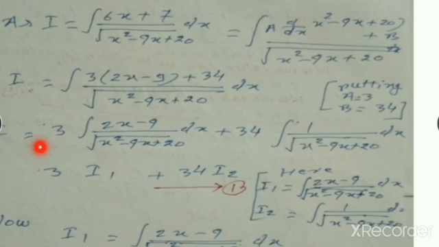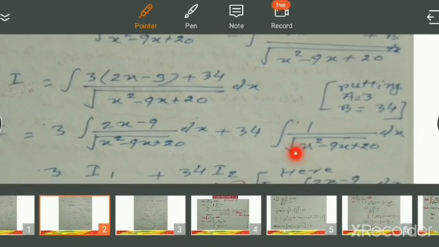Now I is equal to 3 integration of (2x minus 9) upon root of (x square minus 9x plus 20), plus 34 integration of 1 upon root of (x square minus 9x plus 20).